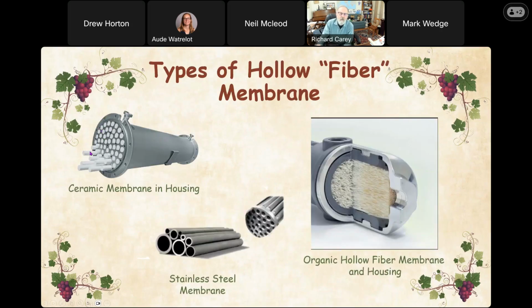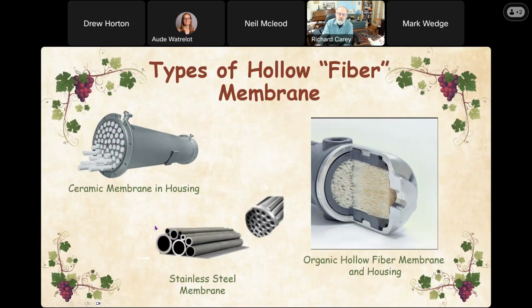This is an example of a ceramic membrane. They take a ceramic tube and embed it in a large tube here, and you'll see some close-ups of the ceramic membrane types. There are hollow fiber type membranes here. These are little tiny tubes, and I'll show you this a little bit closer up in another one.